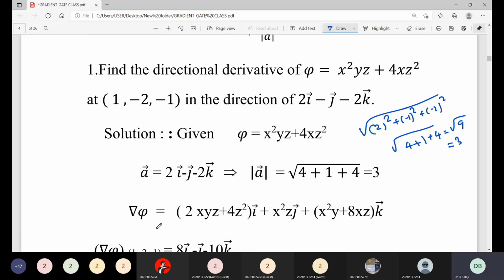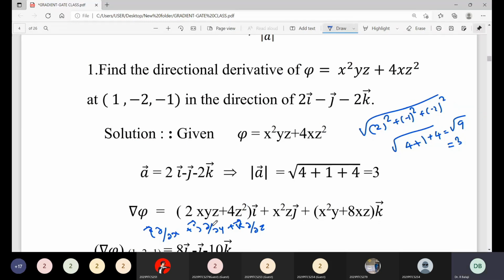Del is nothing but i into dou by dou x plus j into dou by dou y plus k into dou by dou z. Now, del phi is 2xyz plus 4z square into i vector plus x square z into j vector plus x square y plus 8xz into k vector.